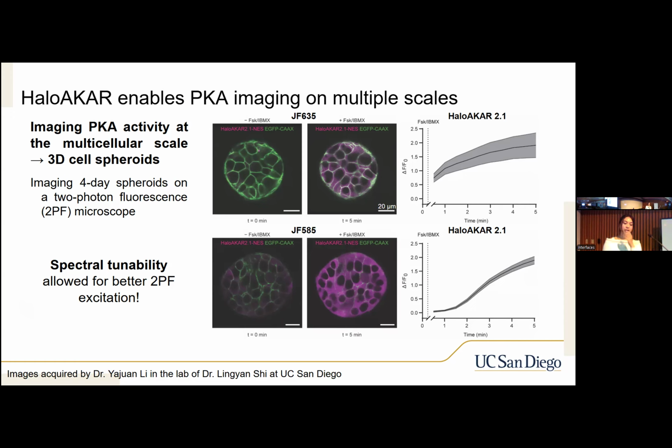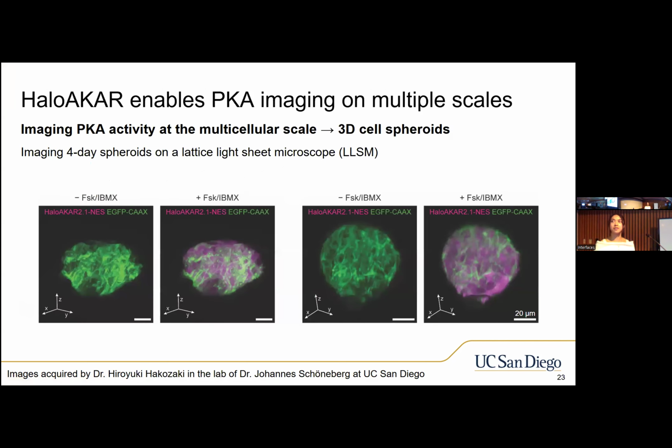And so after this, we wanted to see if we could achieve higher resolution 4D imaging of the entire spheroid volume. So we worked with the Schoenberg lab in San Diego to image these spheroids with lattice light sheet microscopy, and we were able to image the entire volume of our spheroid with very good spatial resolution, as you can see from these 3D reconstructions of the spheroids.